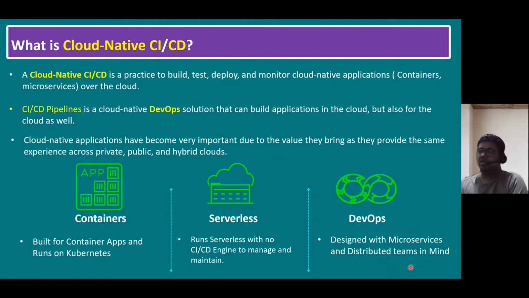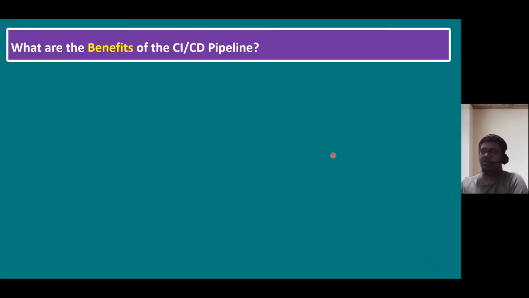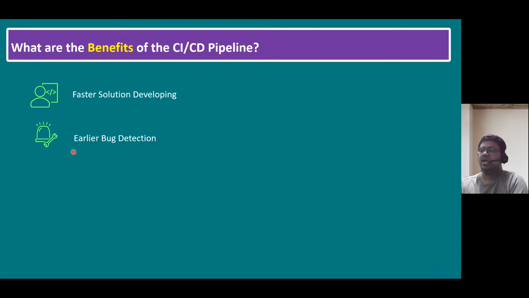Okay. Now let's understand the final point: what are the benefits of the CI/CD pipeline? CI/CD, as we are aware, mainly focuses on automation. When we implement automation tools within our DevOps environment, faster solution development is one key benefit, along with earlier bug detection, greater visibility, and faster feedback.